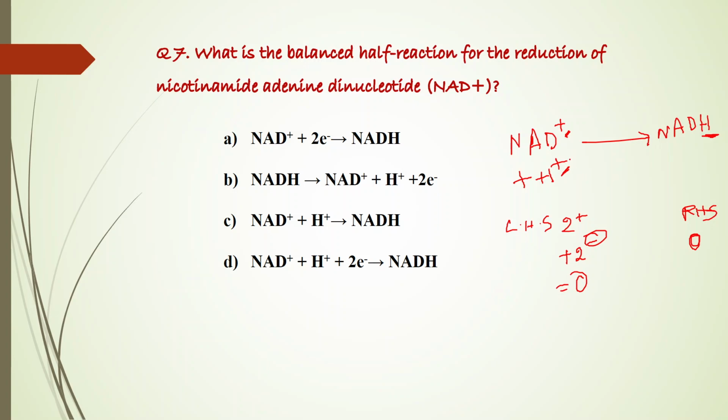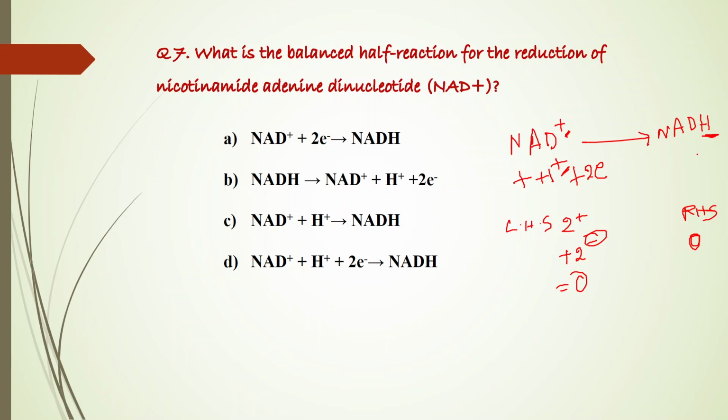How can I do that? If you have 2 electrons here, the overall charge gets neutralized. Although NAD is a big molecule, I am considering that you have your NAD and H, all of those atoms on the left hand side. Similarly, you have NADH on the right hand side.